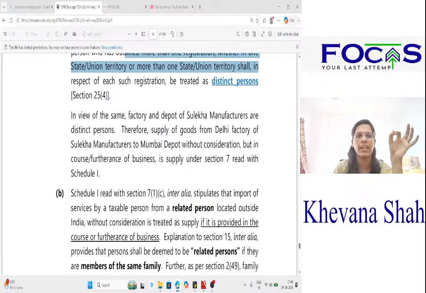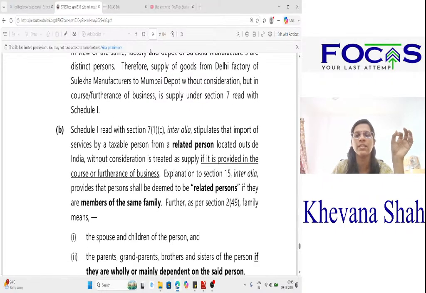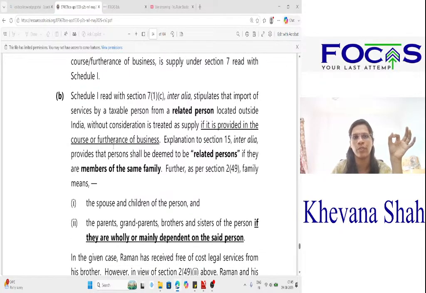Okay. Then, in view of the same, factory and depot of Suleka manufacturers are distinct persons. So this I told you already that these two are distinct persons. Therefore, the supply of goods from Delhi factory of Suleka manufacturers to Mumbai depot without consideration but in the course or furtherance of business is supply under section 7 read with schedule 1.